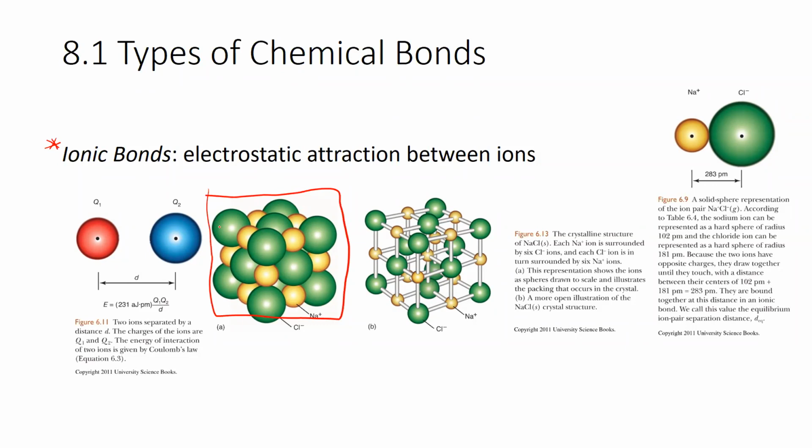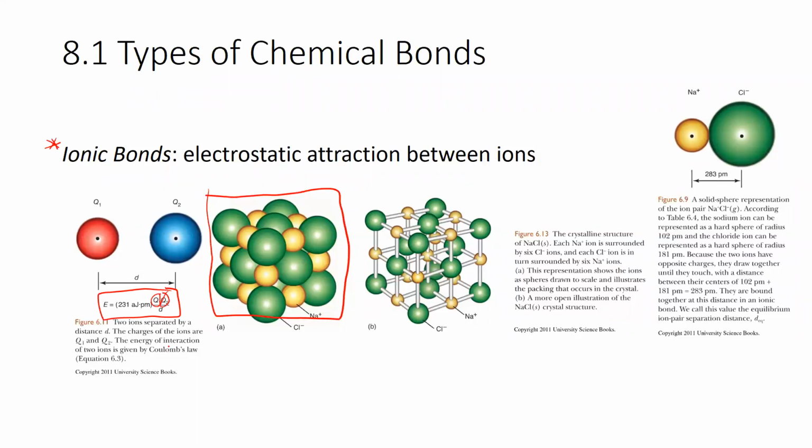Those atoms are held together by having opposite charges, and the strength of that attraction is related to the magnitude of the charges, which in this equation here, this is Coulomb's law, which basically tells you the energy of attraction between two ions. And so you have two things in terms of charges. Those are Q1 and Q2.